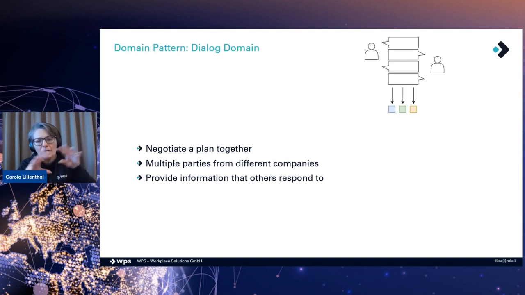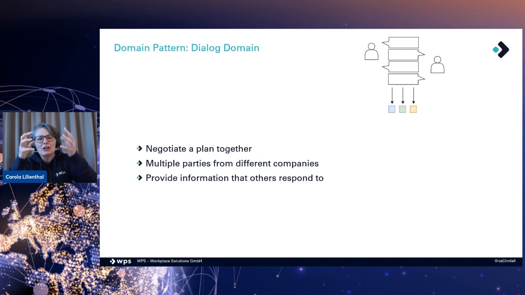often below the cross-grain process. You may find a variation of the Blackboard domain pattern, and this pattern is not just about working together on one or more business objects, but about explicitly negotiating a common plan.